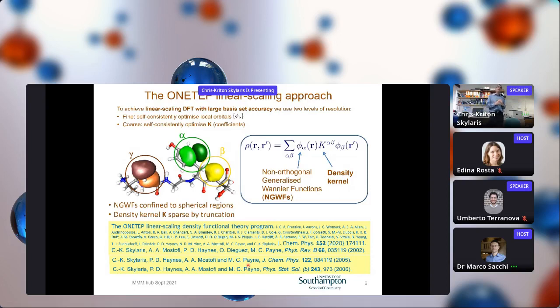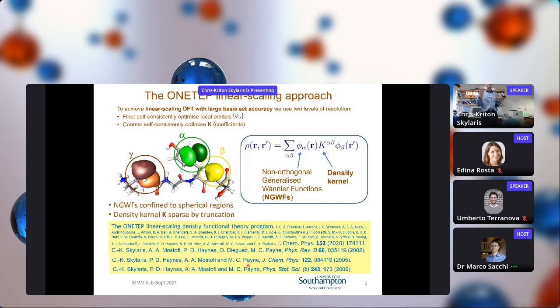Linear scaling requires localized wave functions, requires the nearsightedness principle of electronic matter, the principle developed by Walter Kohn. But on the other hand, when we do density functional calculations, we want large basis set accuracy, and this typically is obtained with extended functions, extended orbitals, and so on.